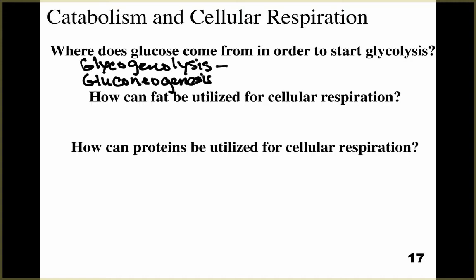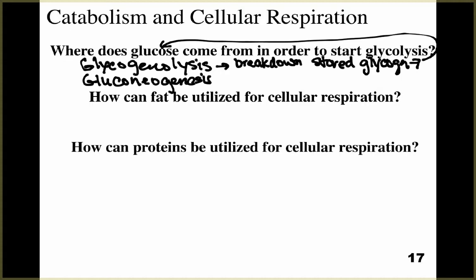Glycogenolysis is basically the process of breaking down stored glycogen into glucose. That basically goes into glucose, right? So glycogen is basically if you eat food and then you have this extra leftover amount of glucose going around in your bloodstream, then your body will trigger to store it for later.